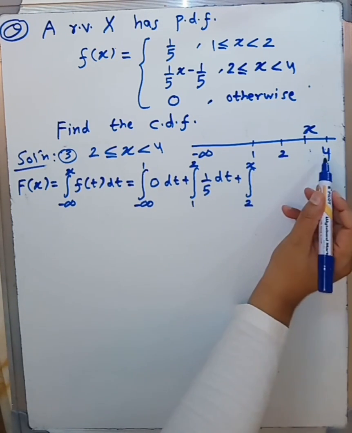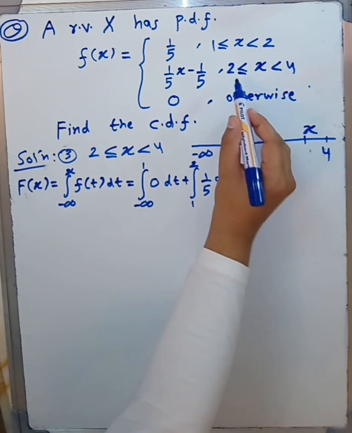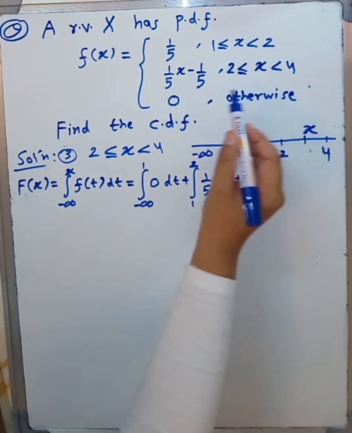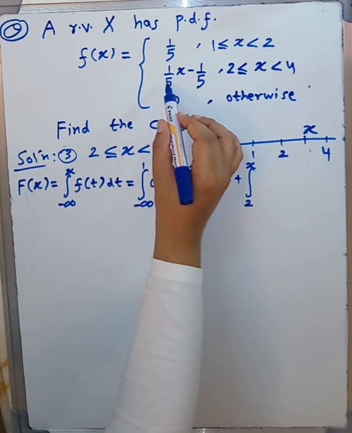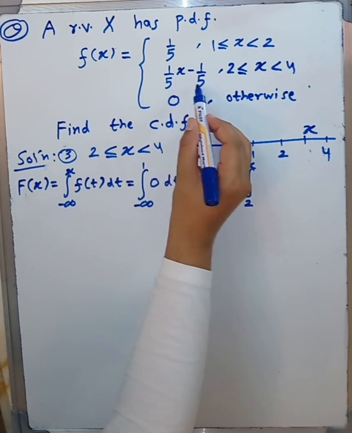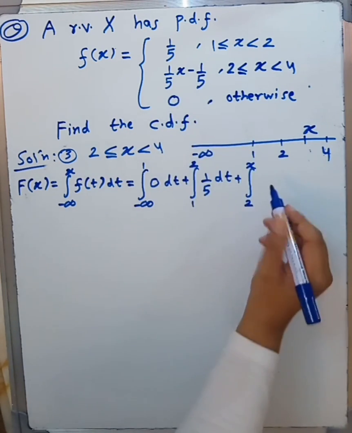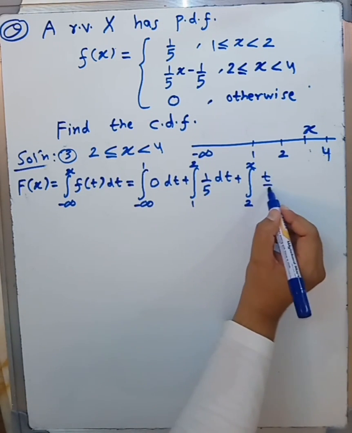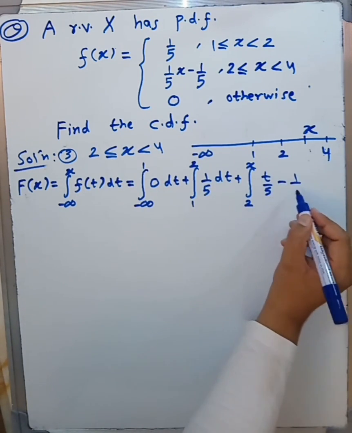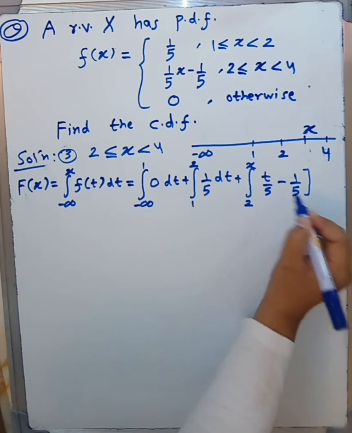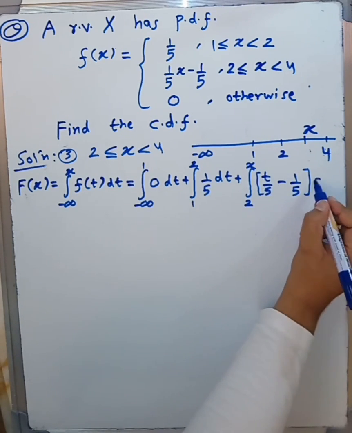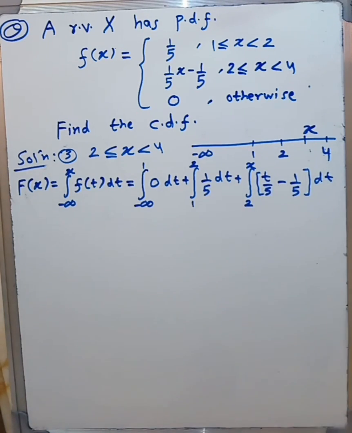X lies between 2 and 4. The value of the PDF will be x by 5 minus 1 by 5. So here we have t by 5 minus 1 by 5 dt.